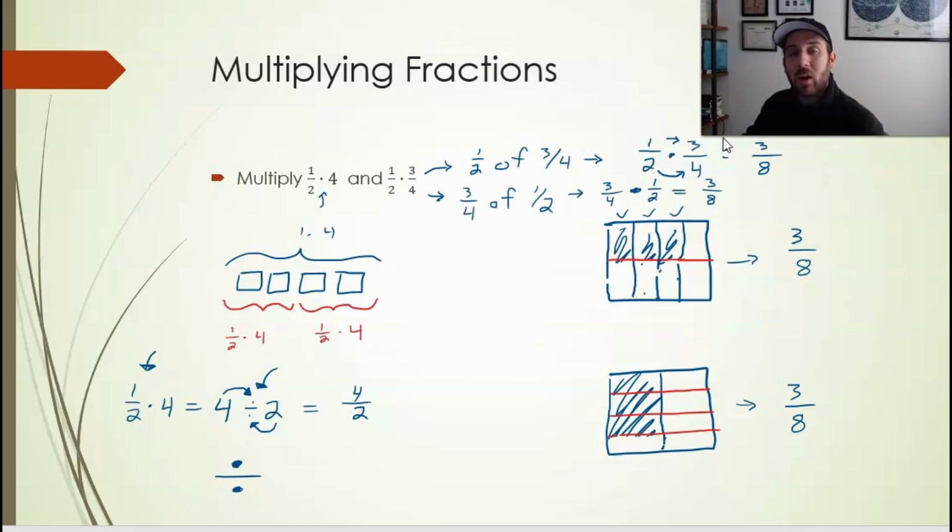So multiplication of fractions can be done with just our numbers, where we multiply straight across. But it's important that we remember why that is true, because if we resort to simply memorizing rules, we're going to find ourselves in a number of different fraction problems where we're confused what's the proper process.